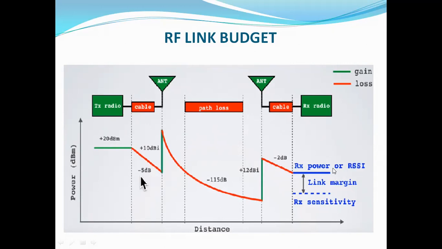Each receiver has a specified level called the sensitivity level. If you receive any signal lower than this level, it will never be detected by this type of receiver. This is my actual received signal power, and this is the minimum received power. This margin, marked by this arrow, is called the link margin.